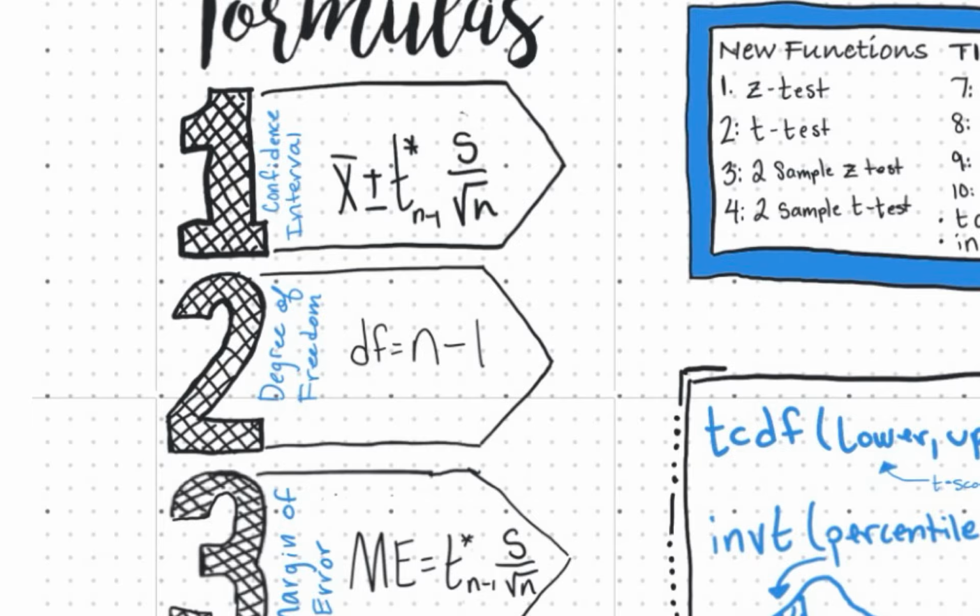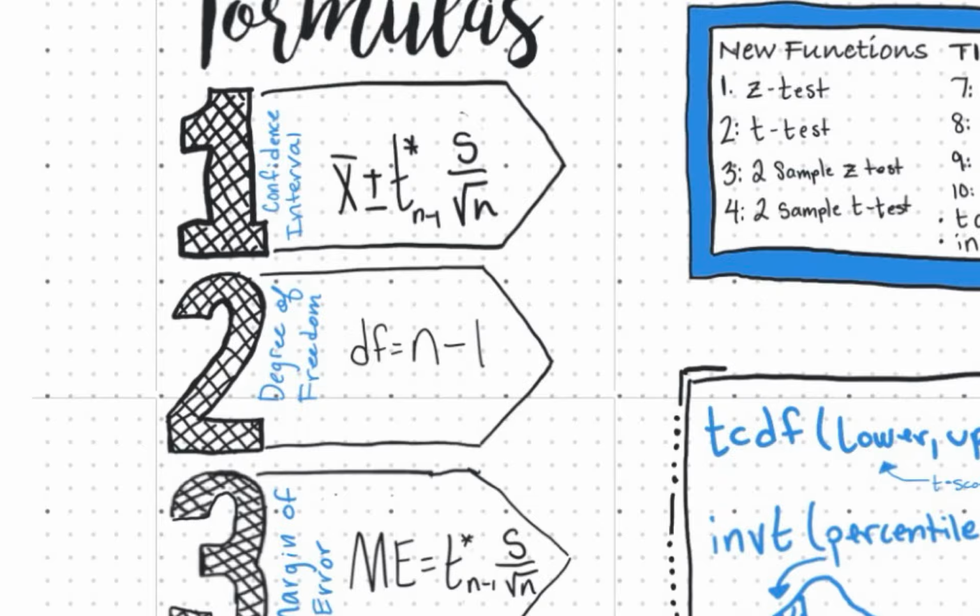Depending on your sample size, your degree of freedom exists. The smaller your sample size is, the wider the curve is. The larger your sample size gets, the closer and closer it gets to that perfect z-curve. So bottom line, when I'm using z and t, z is perfect.